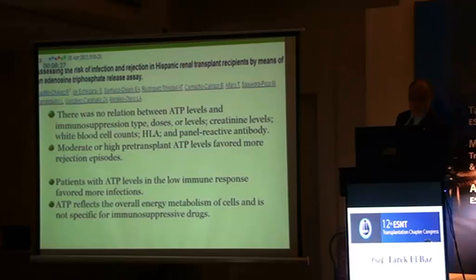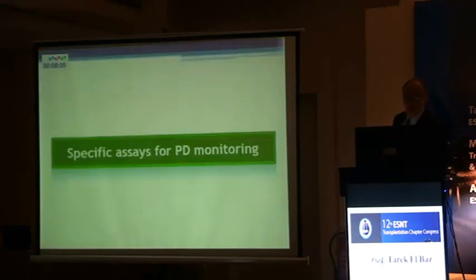ATP, although it is helpful in this regard, represents the overall energy metabolism of a cell and is not specific for immunosuppressive drugs, but there is a search for various methodologies in order to understand how drugs are active.